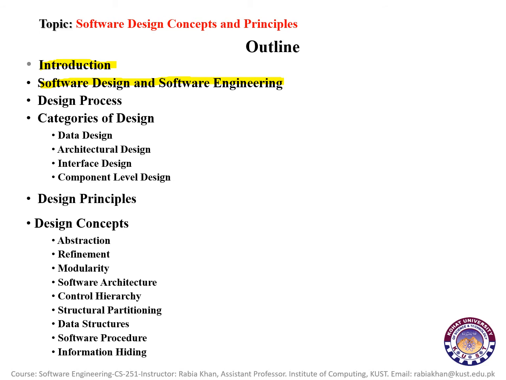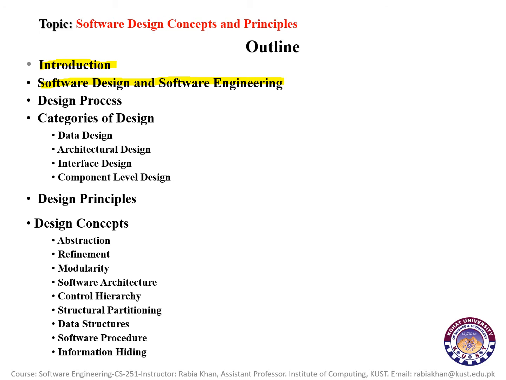So data model is converted to data design. The next design phase is the architectural phase, which is developed from the functional model of the requirements analysis phase. So functional model is then converted to architectural design.